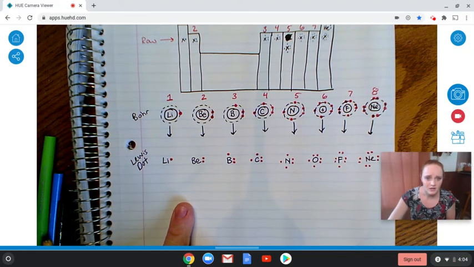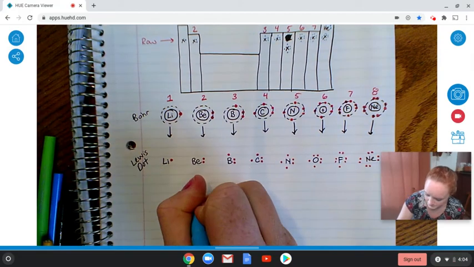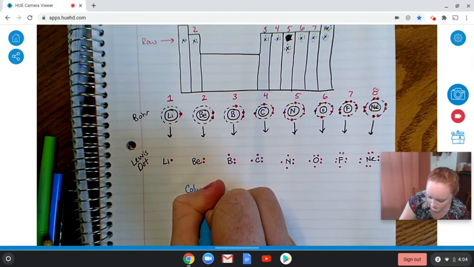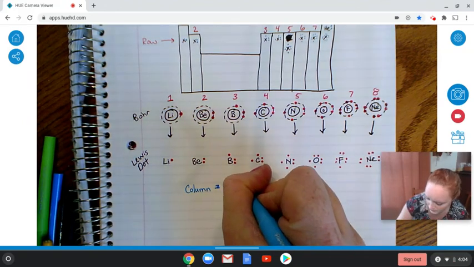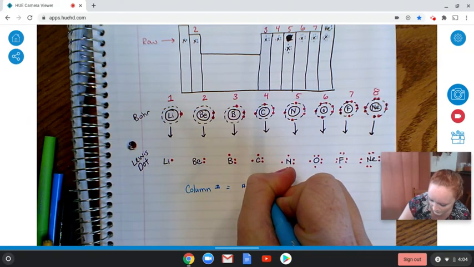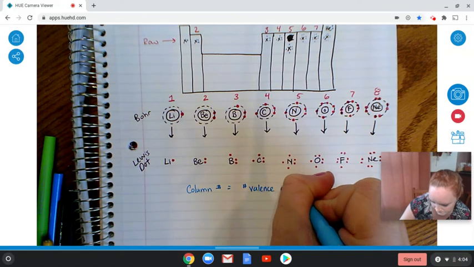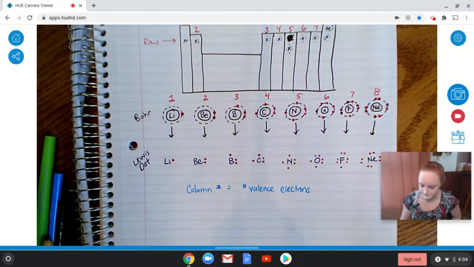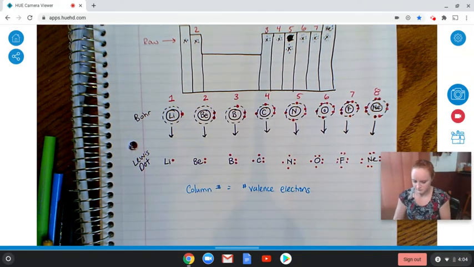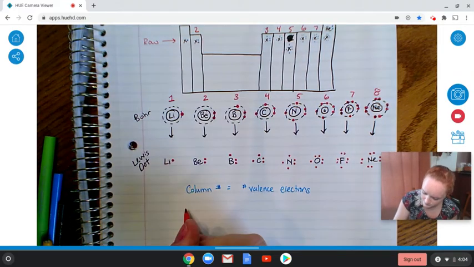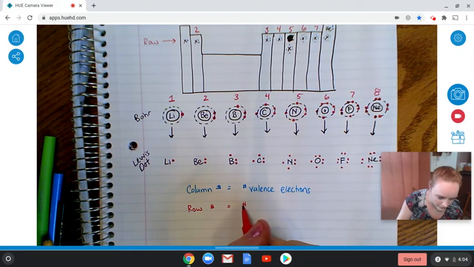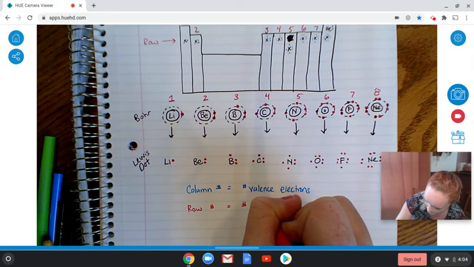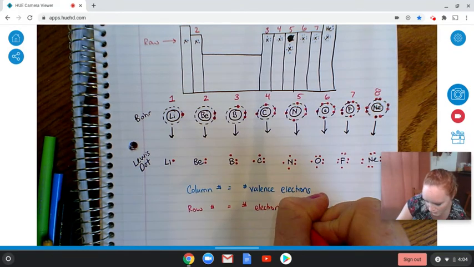But general pattern: the column number is equal to the number of valence electrons. The row number is equal to the number of electron rings.